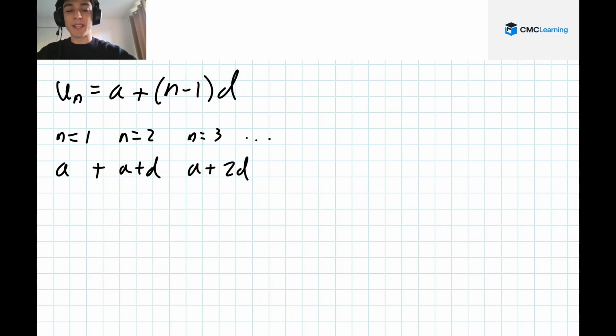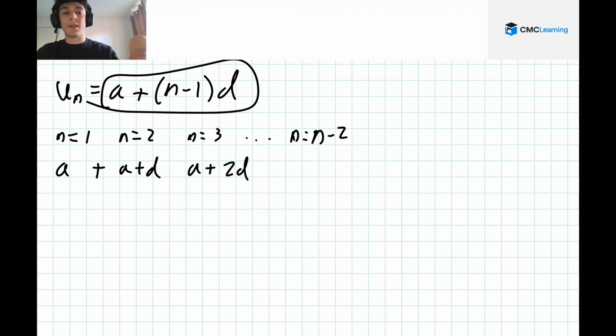So maybe you would have seen this method written, but it's good to explain what each of these terms are. Essentially, the way we can write down this term in our series, just have a look at this equation up top.